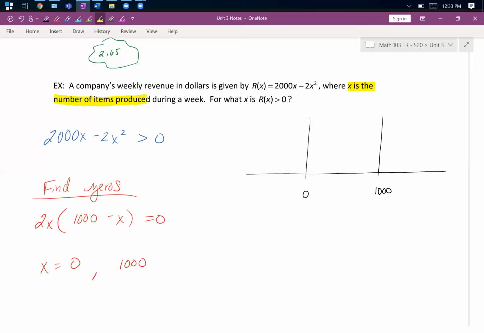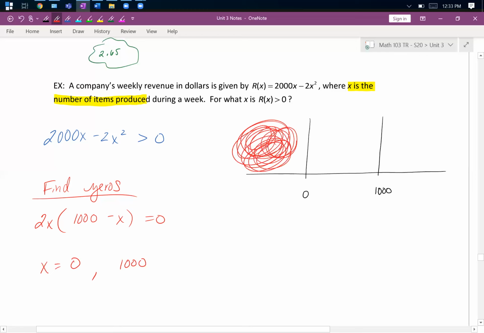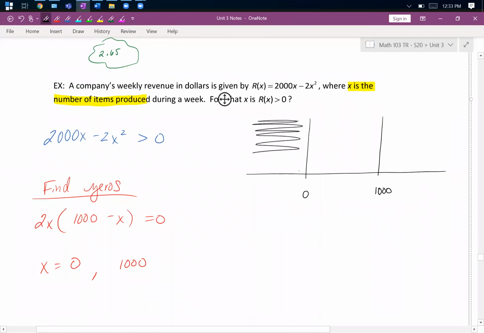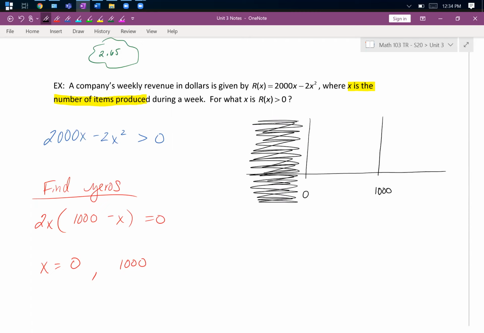Would it make sense to choose test values in this interval over here where x is less than 0? It does not, right? We can't produce a negative number of items. So although it breaks up our number line into these 3 regions, we're not even going to use this one because that doesn't make sense for the context of our application. So we're just checking the 2 intervals, the one between 0 and 1000 and then beyond 1000.